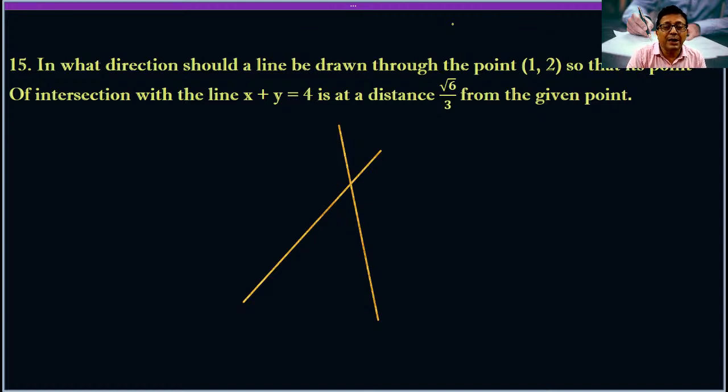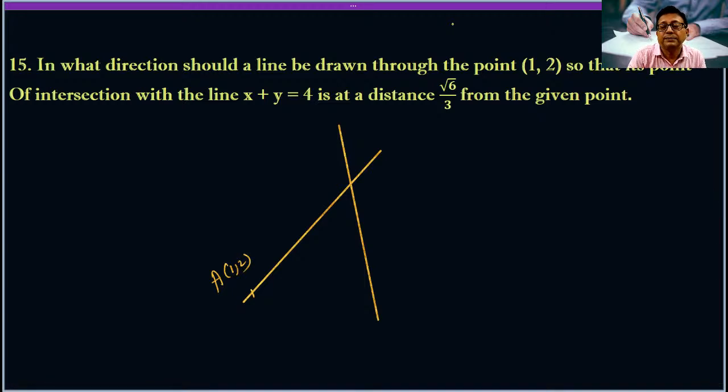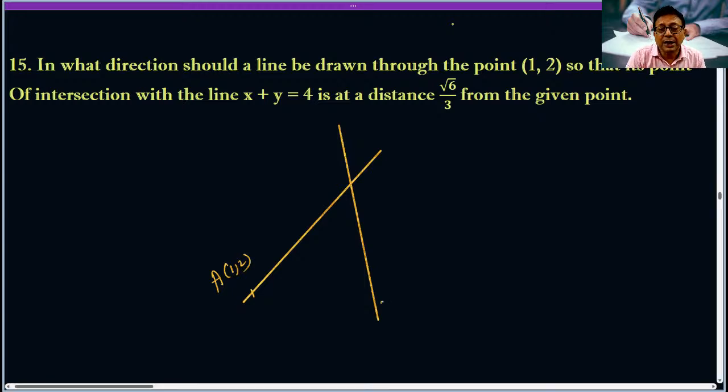In what direction a line through, this is the line given, the line x plus y equal to 4. You have to find the angle between the two, then only the direction can be stated.